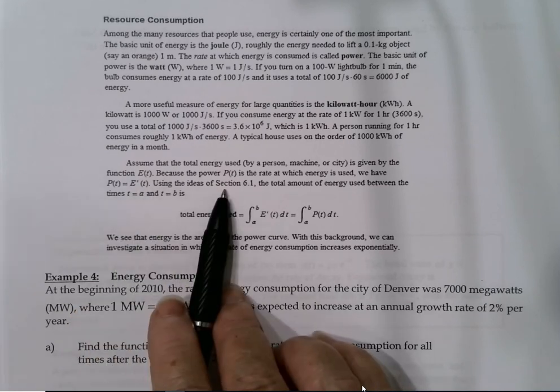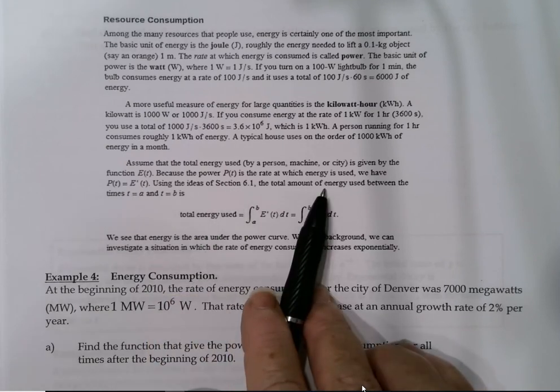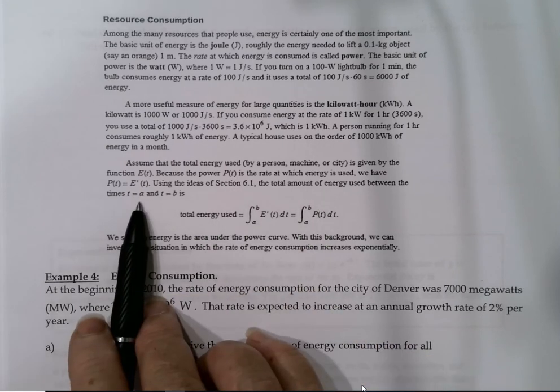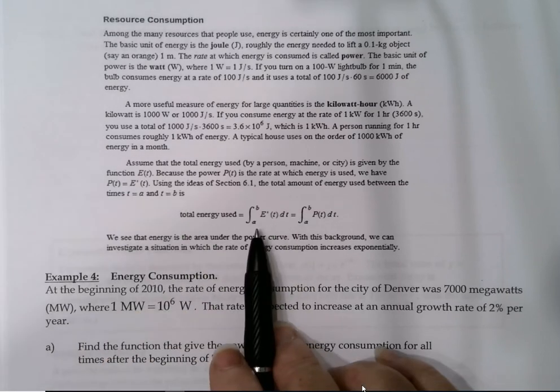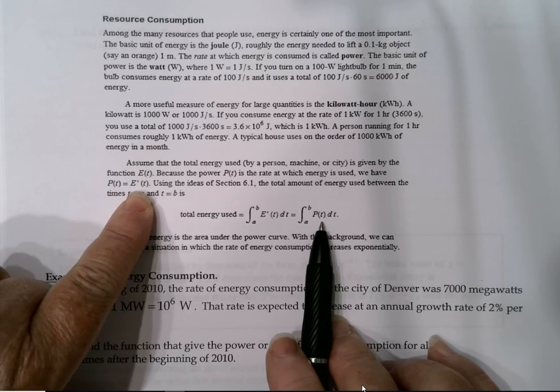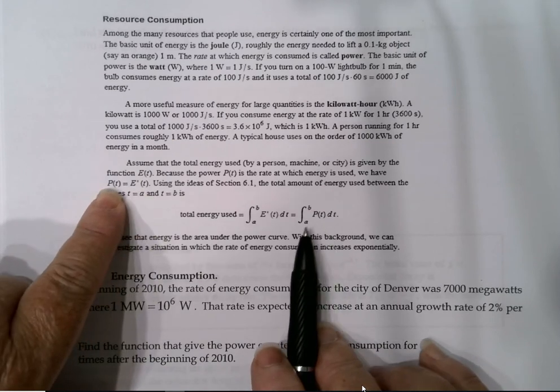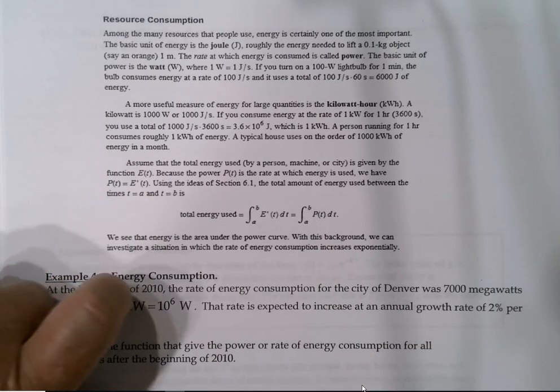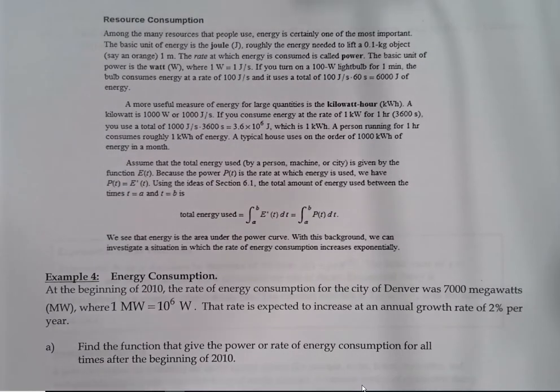Using the ideas from back in section 6.1, the total amount of energy used from time A to time B would be the integral of E prime, or in other words, the integral of the power function from time A to time B. That means that energy is actually the area under the power curve. With that background, we're going to go ahead and look at our next example.